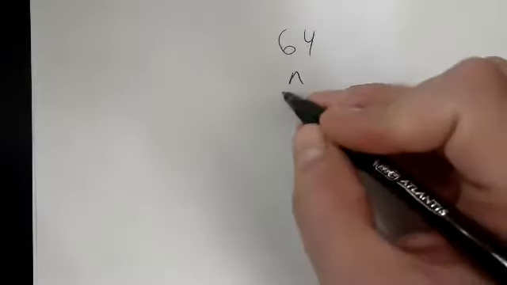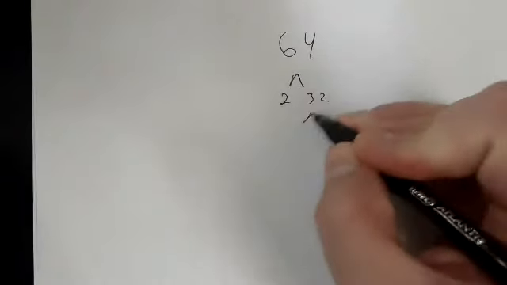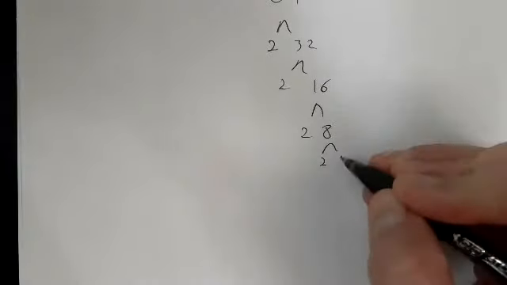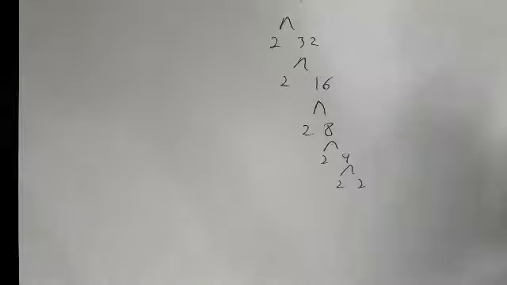So now we have a minus 64. I want to break apart 64 first. This is 2 and 32, 2 and 16, 2 and 8, 2 and 4, 2 and 2.